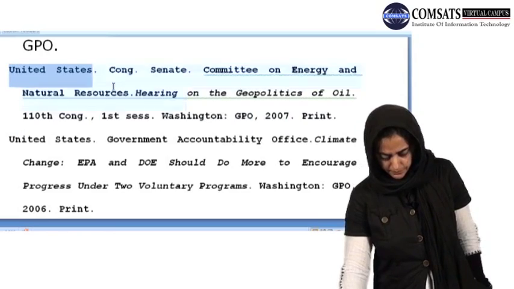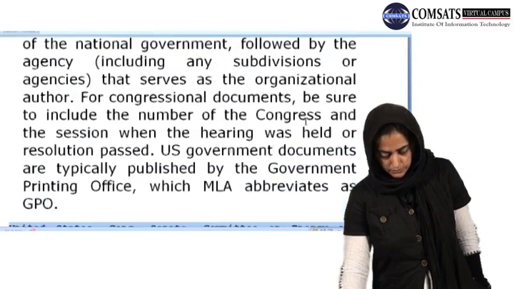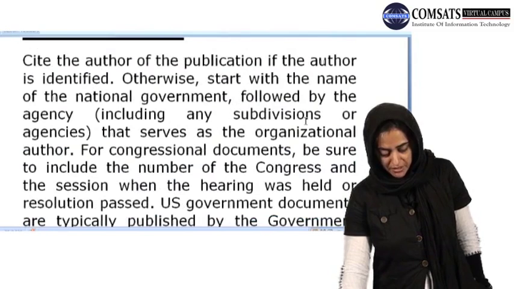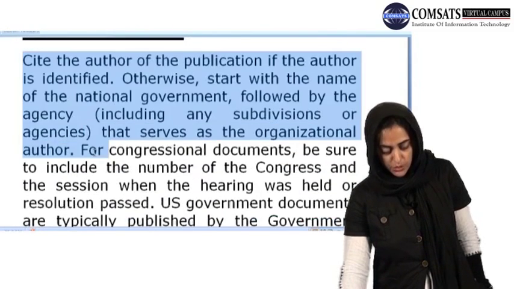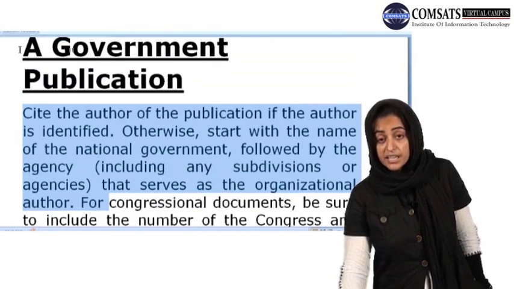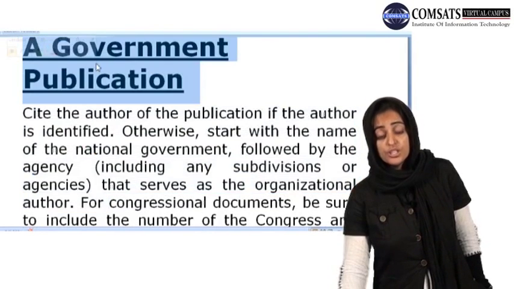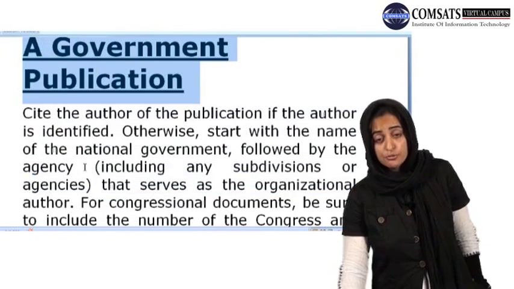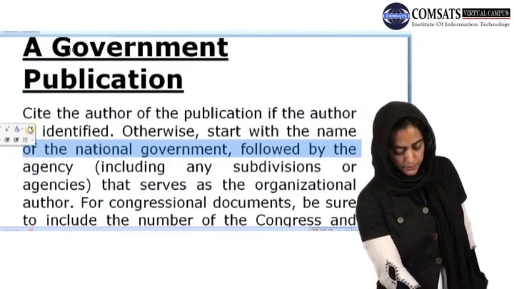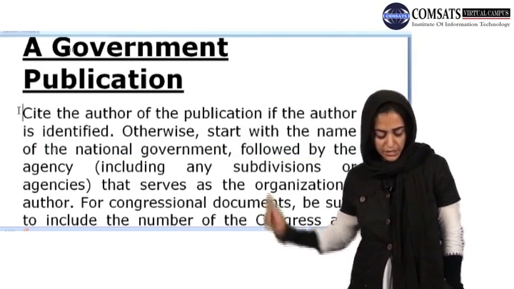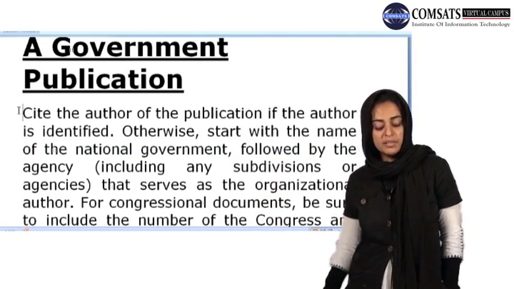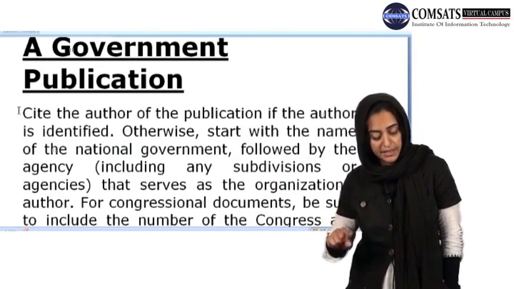Here, in order to make it more clear to you, let me read it out for you. The situation in which you have a government publication in front of you, for which you are trying to create the detailed reference through the MLA referencing style for the works cited page. It's written over here on the screen. Cite the author of the publication if the author is identified.